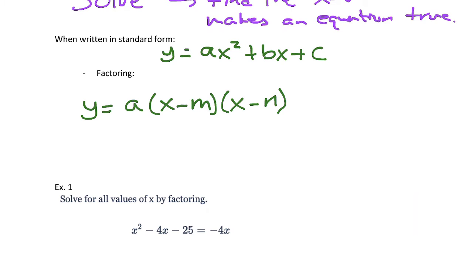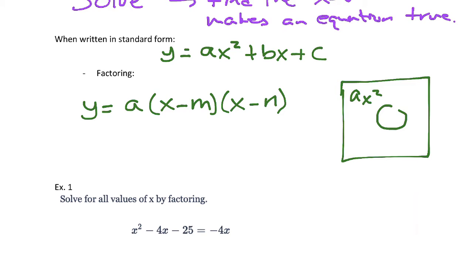Maybe what you're used to is making a box in here. This is ax squared. In the center here would be bx, and over here would be c. And when you get it into this case, these are the factors.